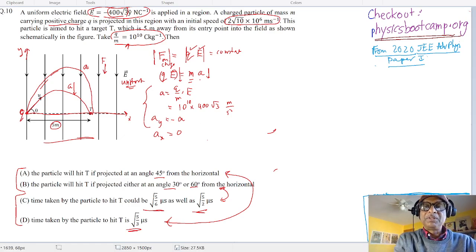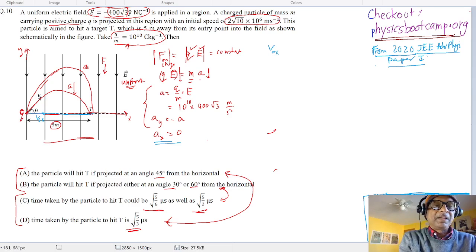We know the acceleration like that. Because the distance in x is given, and v0x doesn't change, along x we have v0x. Let t equal 0 here and t equal capital T here. There can be two T's, I don't know, but that T will cover this distance of 5 meters.